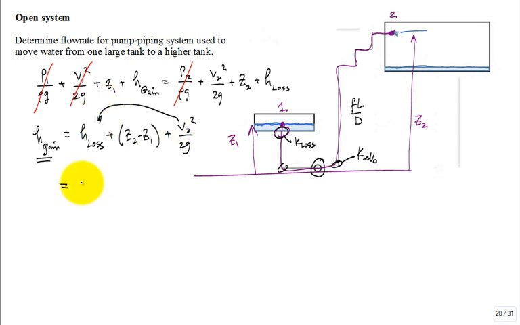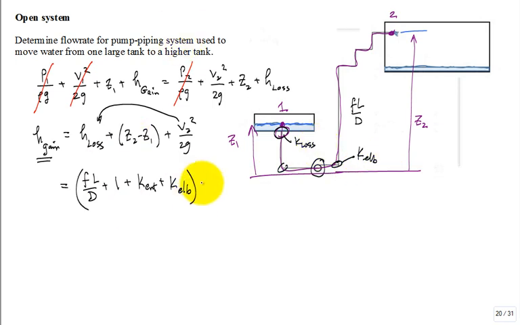And so what we'll have is the head loss is equal to the major fL over D plus all 1 plus, let's say, the K of the entrance plus K of the elbows plus any other K's that you can think of, all of that times V squared divided by 2g.